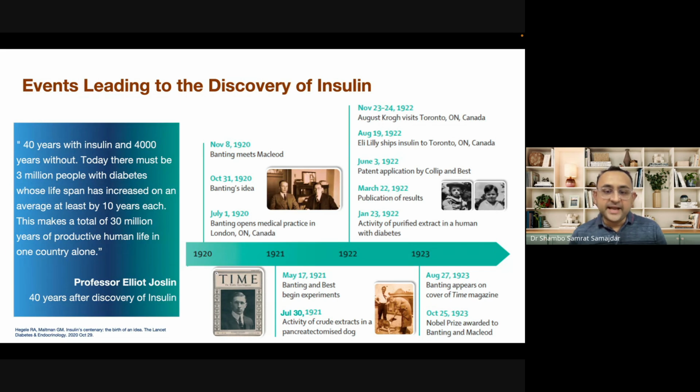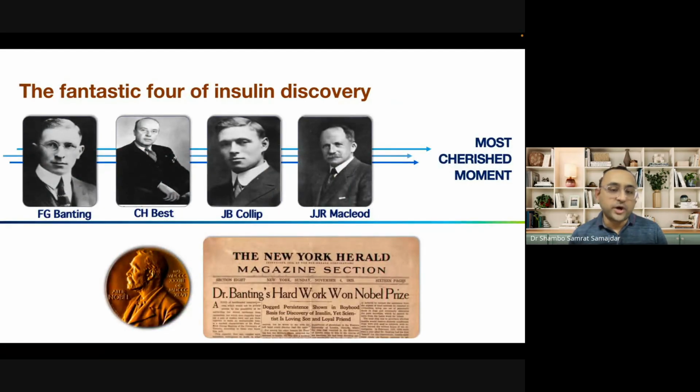Banting and Best began the experiments in 1921. The activity of crude extracts in a pancreatectomized dog was shown on July 30, 1921. August 27, 1923, we know the favorite picture. This is the diagram that appeared in Time magazine, and on October 25, 1923, the Nobel Prize was awarded to Banting and McLeod.